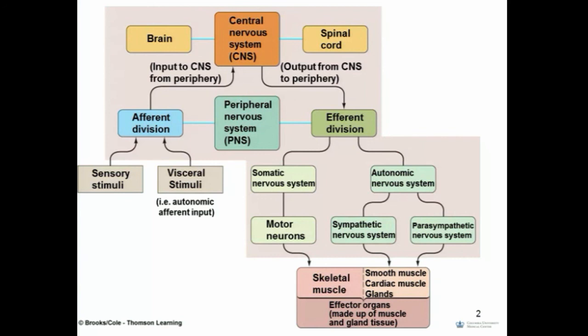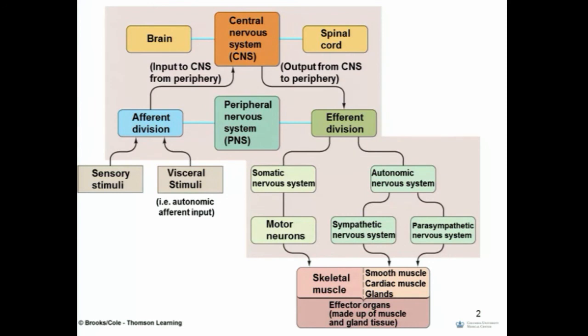But they are information that's based on visceral function, baseline function of the body. This visceral stimulation is conveyed to the brain through our autonomic nerves. We'll talk about the autonomic nervous system in the efferent division in just a moment. So this is the sensory stimulation coming into the central nervous system, coming into the spinal cord and brain.